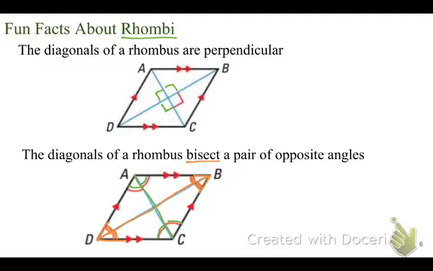Furthermore, because it's a parallelogram, they're also equal to the ones opposite. Same thing here: angle A is bisected by AC. Each angle on the side of the bisector is the same, and they're also congruent to the angles in the opposite corner, the C corner. So this is what sets rhombuses apart from parallelograms.